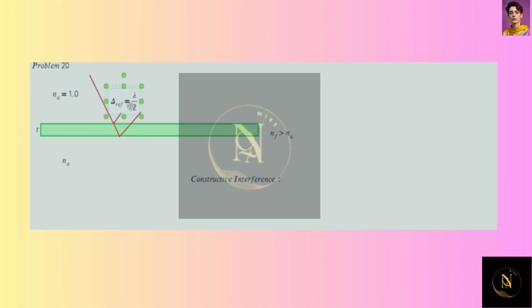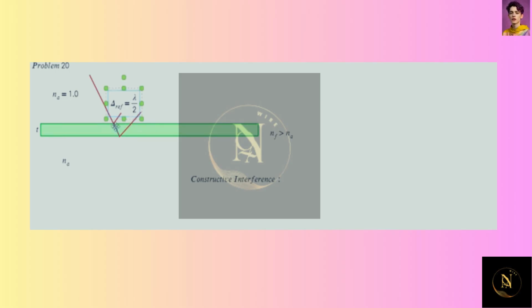So as the light comes in and gets reflected the first time, it gets shifted by 180 degrees because it's going from a lower refractive index to a higher one. That shift of 180 degrees is the same thing as a path length difference of lambda over 2.